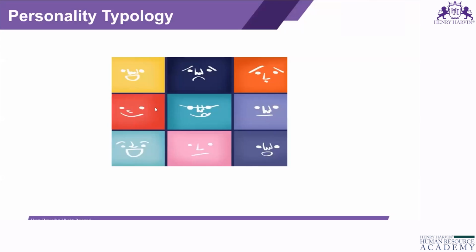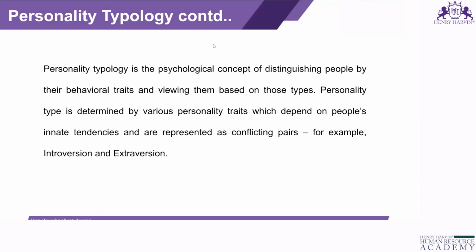These are different typologies. So what exactly is typology? It's a psychological concept of distinguishing people by their behavioral traits and viewing them based on those types. Personality type is determined by various traits, which depend on people's innate tendency and are represented as conflicting pairs.